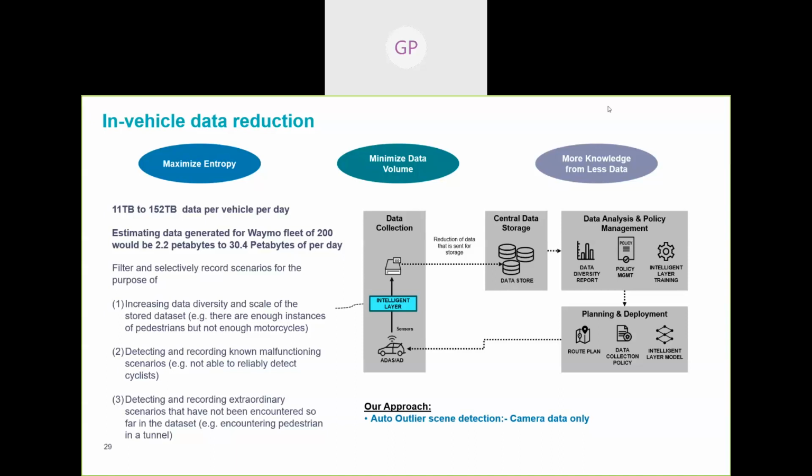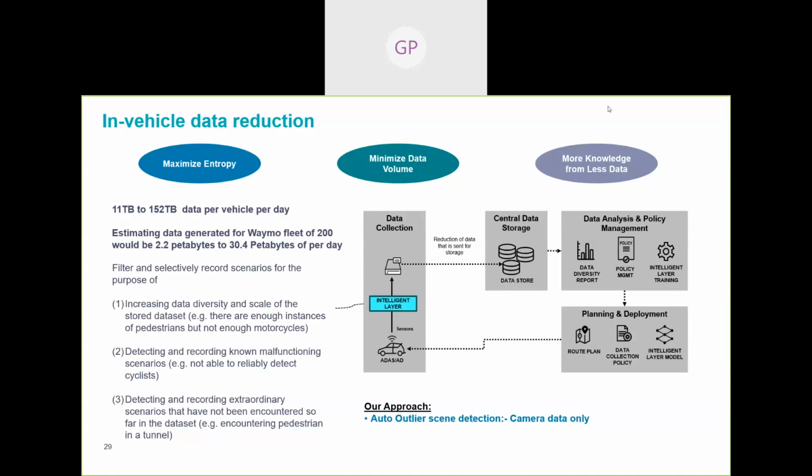So the idea is to filter records for the purpose of having diversity of data, so that various scenarios which are not occurring commonly in nature are kept. I'm not talking about daytime on a highway motorway, or daytime on a city road, a normal scenario.